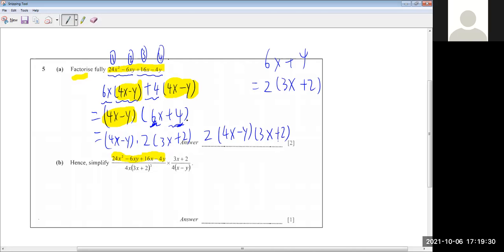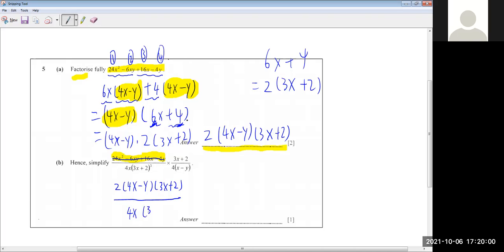After all the factorization, so far so good. So these 4 terms here, you have already factorized into this. So instead of writing this one, you just write the answer. Just write this to replace it. That's the meaning of hence. That means you make use of the answer above.